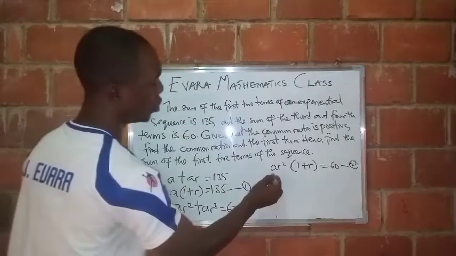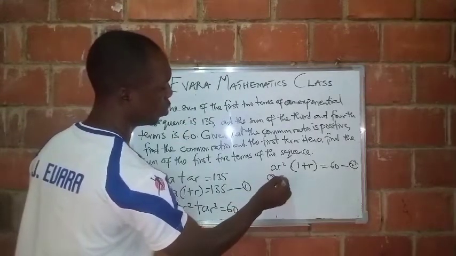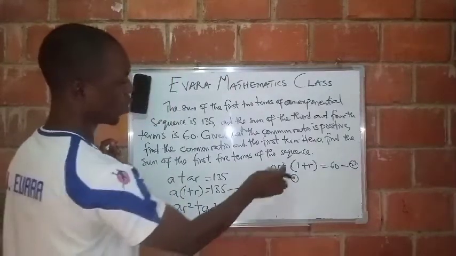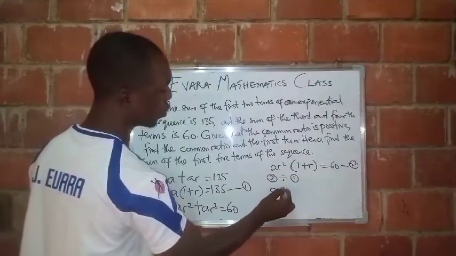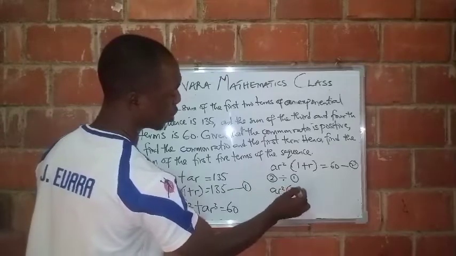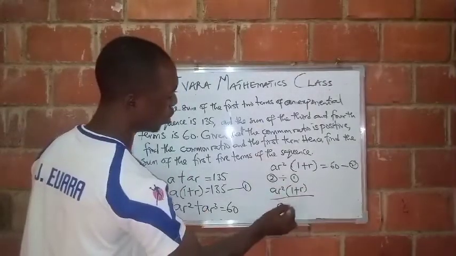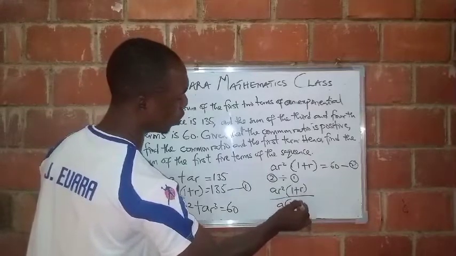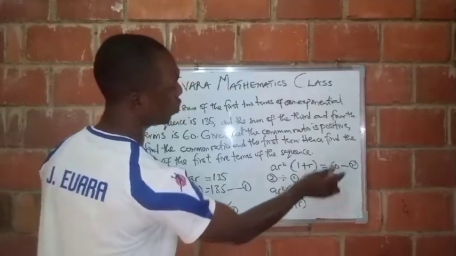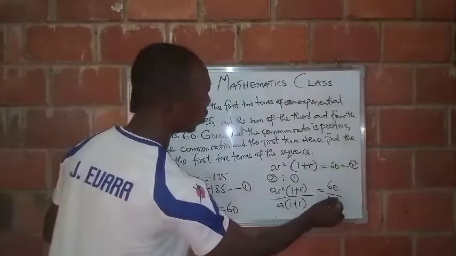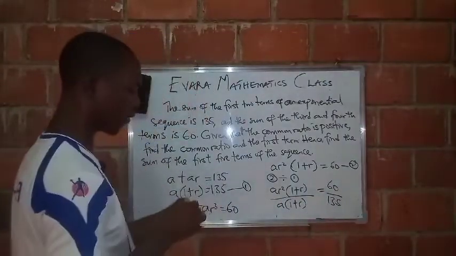So now we say equation 2 divided by equation 1. This is equation 2, AR squared bracket 1 plus R, divided by equation 1, A bracket 1 plus R, is equal to 60 divided by 135.